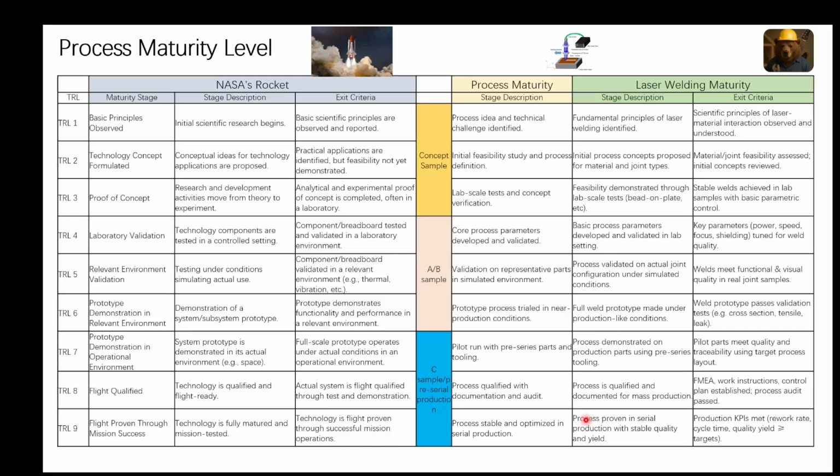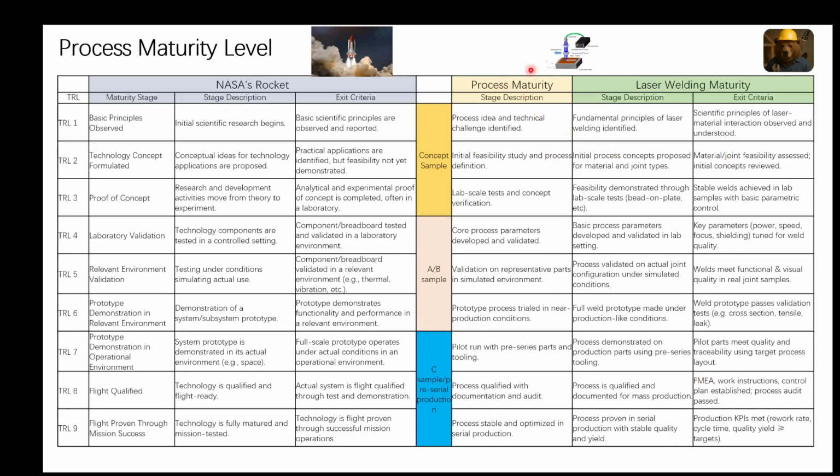So you must make sure your process repeatability is perfect, or that the failure chance, the NG rate, is acceptable. So this is the form that you can use to evaluate your process maturity.